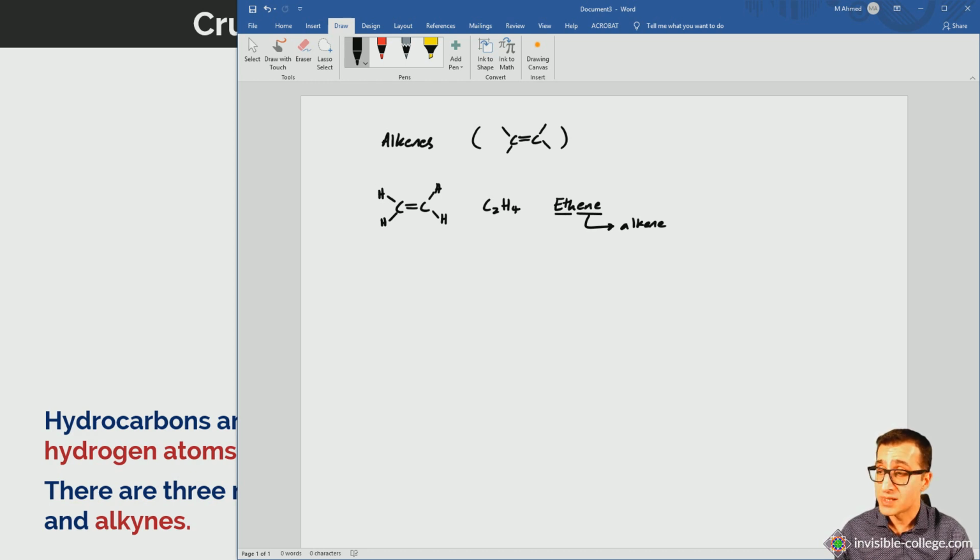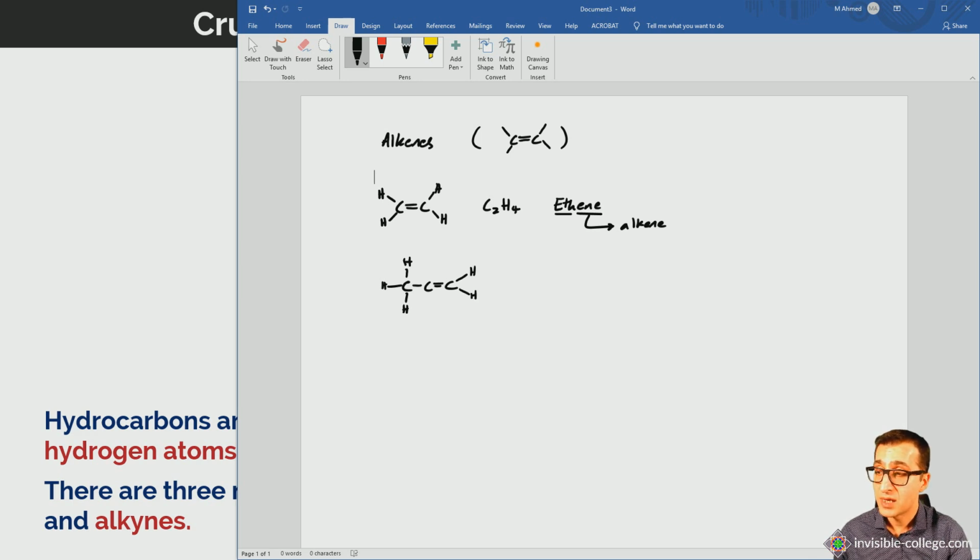Now the next member of this series is going to be an alkene containing 3 carbons. So we have 3 carbons, and we have between 2 of those carbons a double covalent bond. So this one is going to look like this. The remaining bonds are all going to be to hydrogen atoms. Now, this carbon has a double bond, so it can only form 2 bonds to hydrogen atoms.